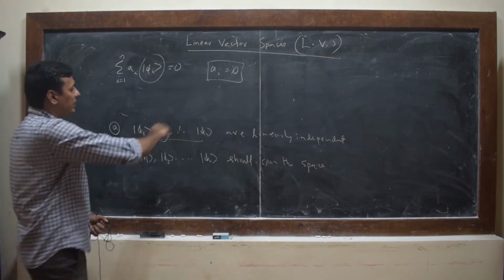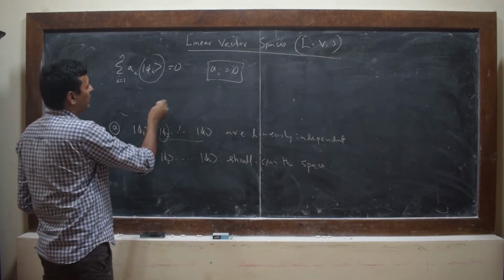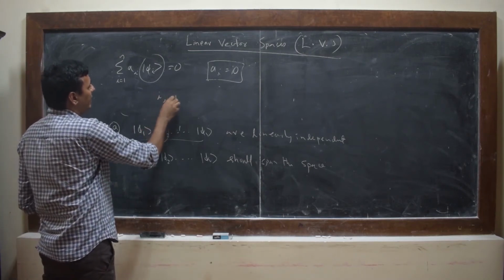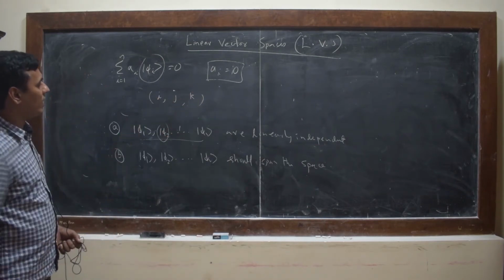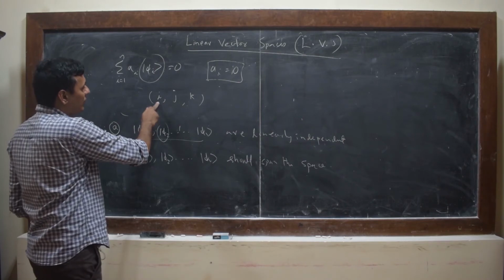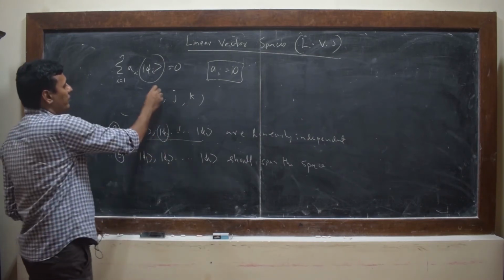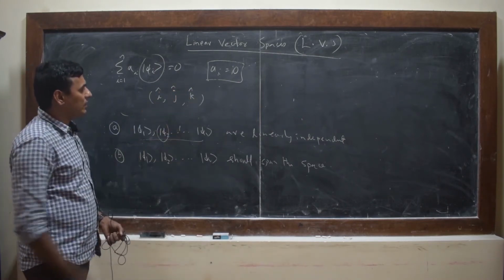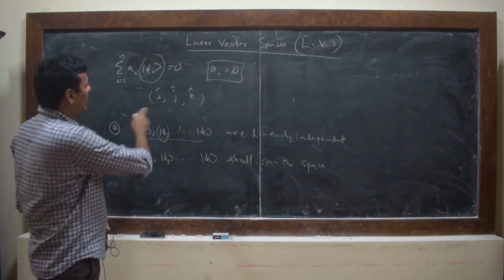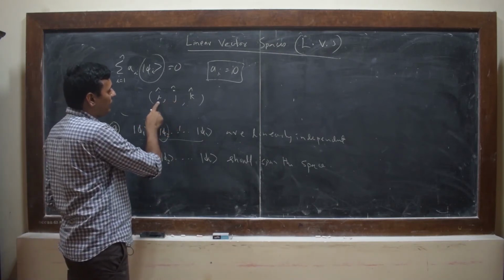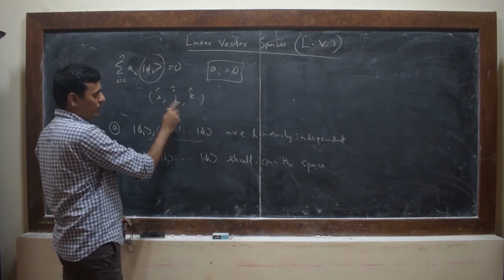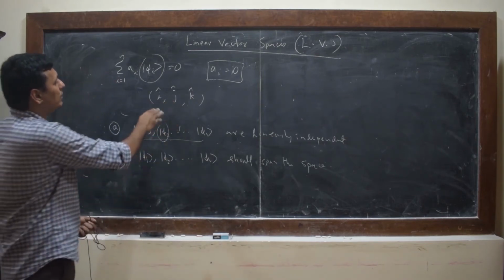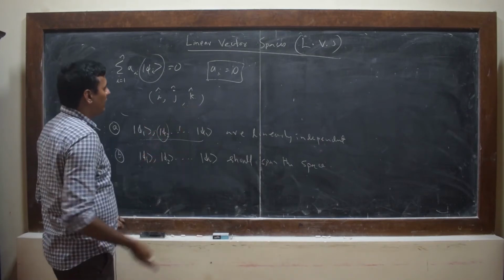For example, consider the unit vectors i, j, k in 3-dimensional Cartesian space. You cannot write i in terms of j and k, or j in terms of i and k, or k in terms of i and j, because these vectors are linearly independent.